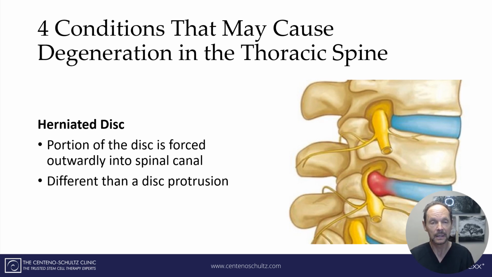This is opposed to a disc protrusion, where there's a simple disc extension out, but it's still contained. It looks like a beer belly. So a disc herniation is extrusion of the contents into the spinal canal, a very inflammatory and painful process. It's usually acute in nature versus a disc protrusion, which can be gradual, but can also be very painful.